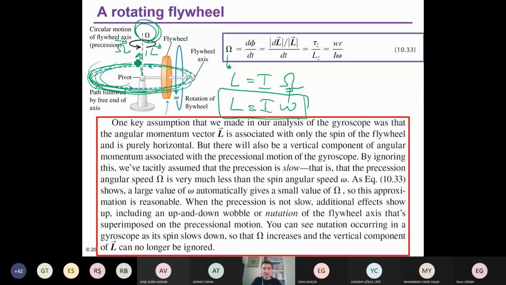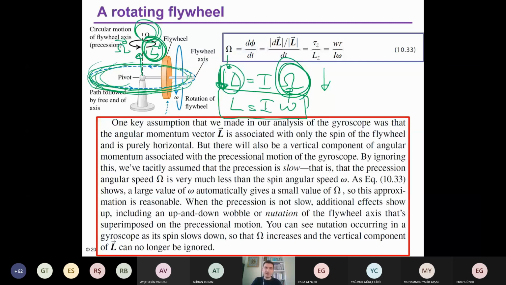Actually, if this omega is very small, then this perpendicular component of the angular momentum is also very small. Then usually this perpendicular component of the angular momentum is ignored, okay? But sometimes it must be taken into account, and we will not discuss it in detail.